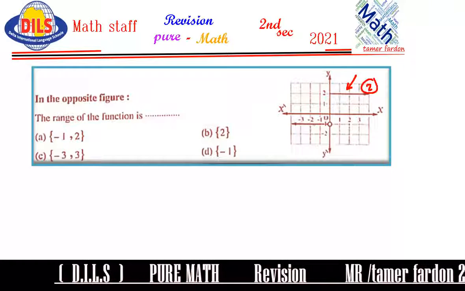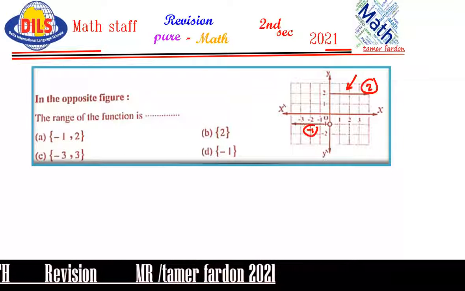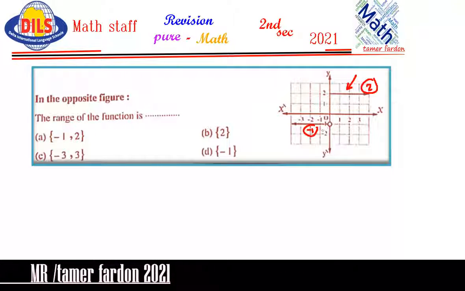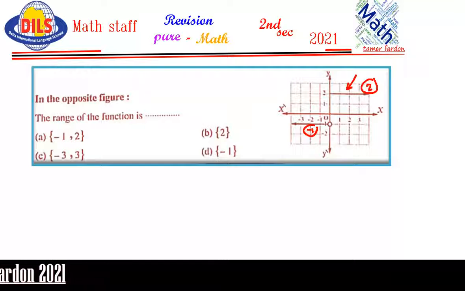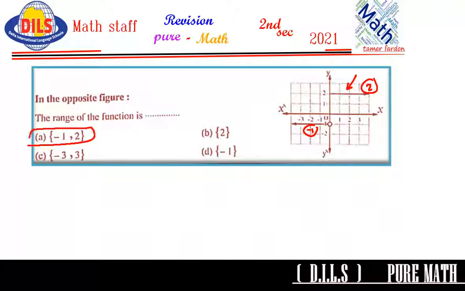The other part represents -1 on the y-axis, so its range is -1. So the range of the function is the set of -1 and 2.